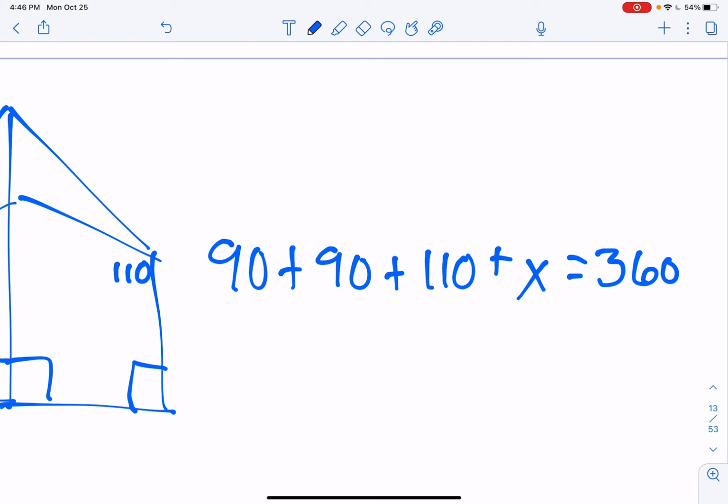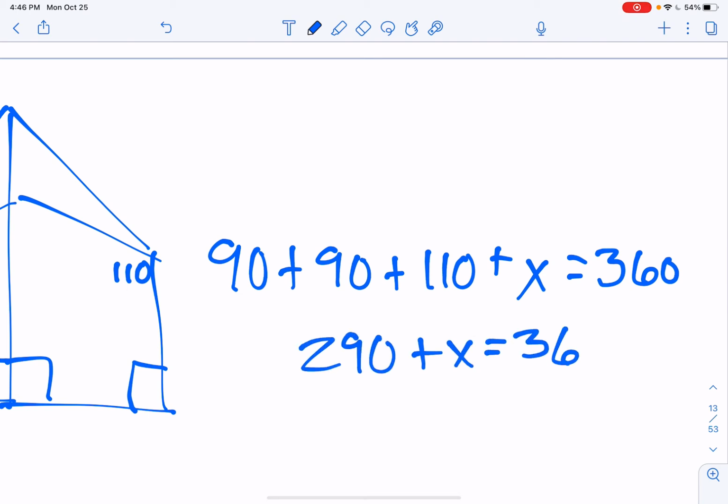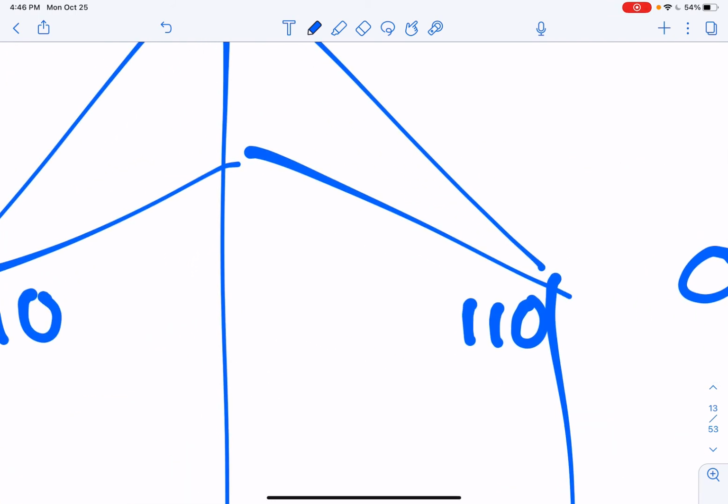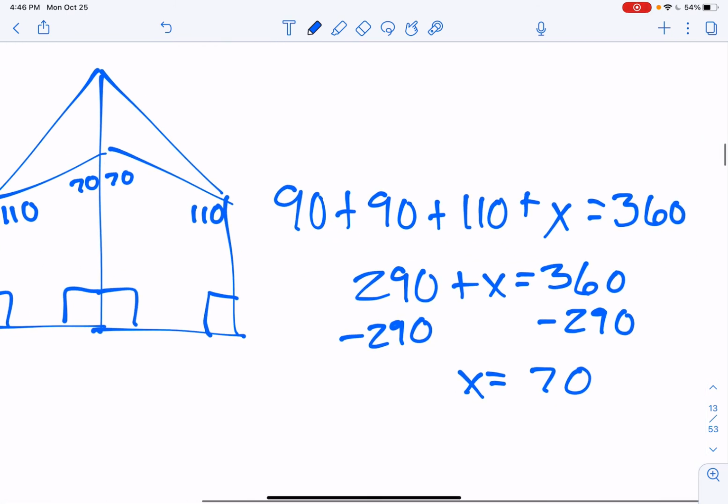So that gets me 290 plus x equals 360. Subtract 290 from both sides, so I get x equals 70. So that means this angle and this angle would have to be 70, which is essentially what you're solving for on those.